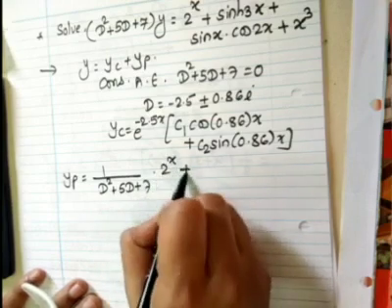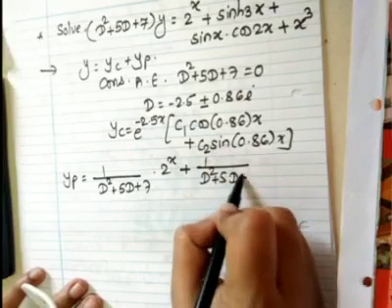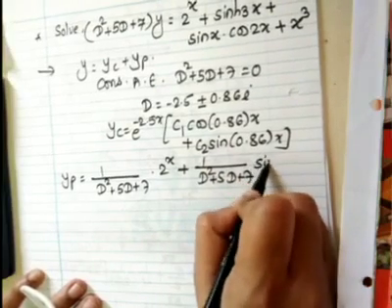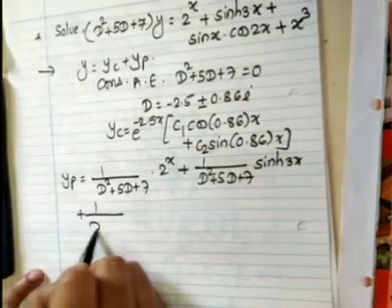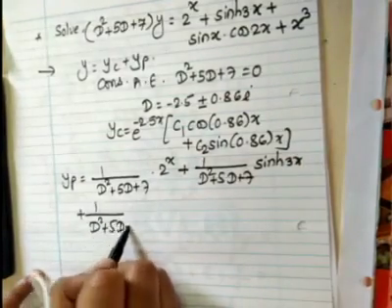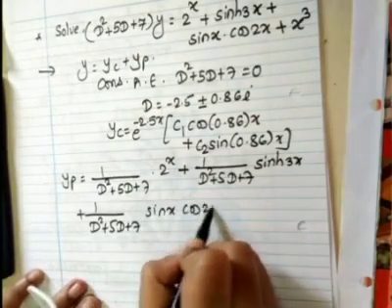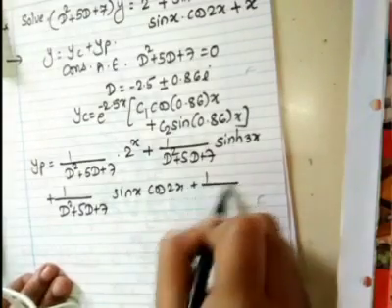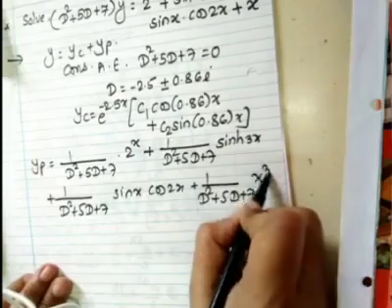I'll separate right now in this step only. You do it in the next step. Plus 1 upon d square plus 5d plus 7 into sine hyperbolic 3x plus 1 upon d square plus 5d plus 7 into sin x into cos 2x plus 1 upon d square plus 5d plus 7 into x cube.